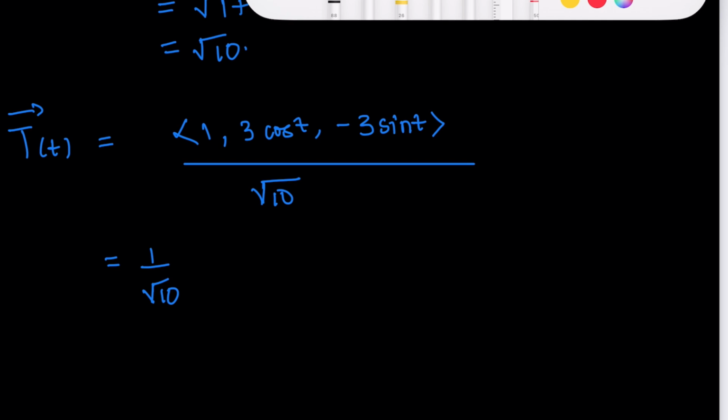So we are going to have 1 over root 10 out, times 1, 3 cosine of t, minus 3 sine of t. So this is our unit tangent vector.